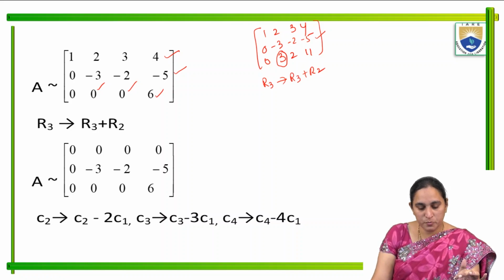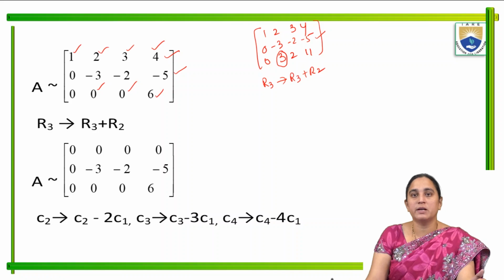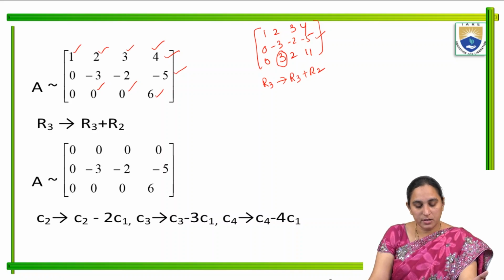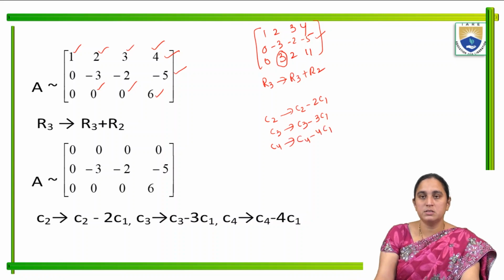Okay. And the next possibility, I'll make 2, 3, 4 zeros with respect to C1. For that, what about the column operations? That is C2 tends to C2 minus 2C1. Next, C3 tends to C3 minus 3C1. And C4 tends to C4 minus 4C1.